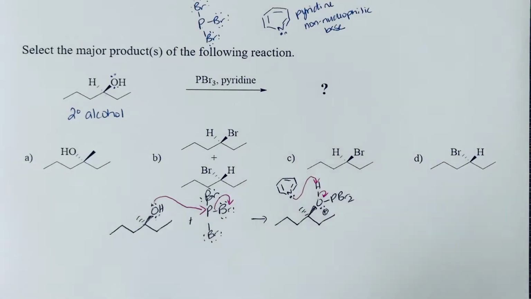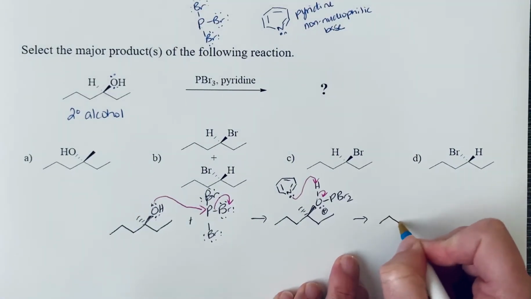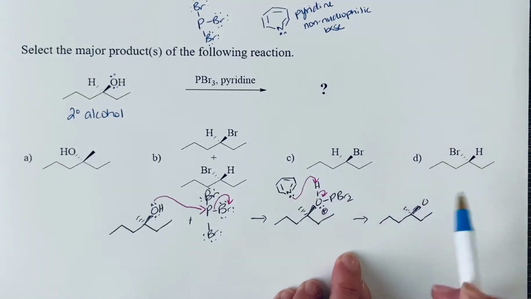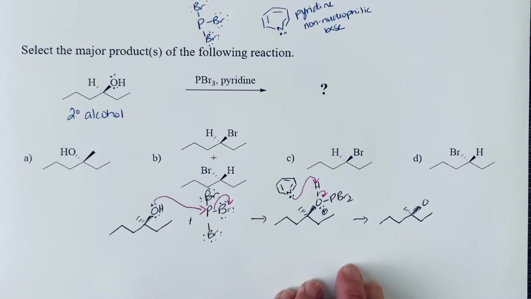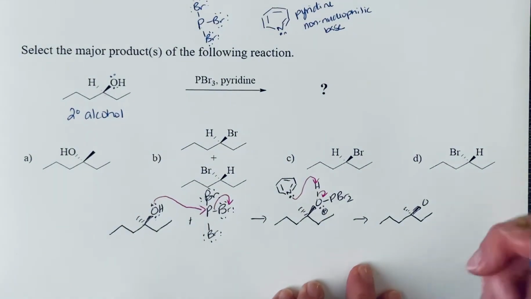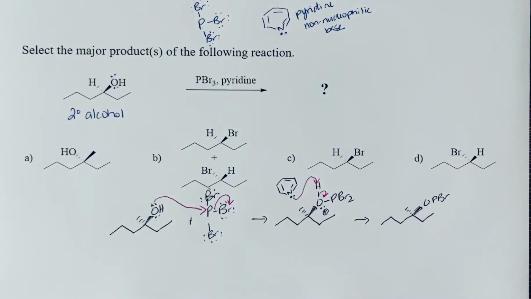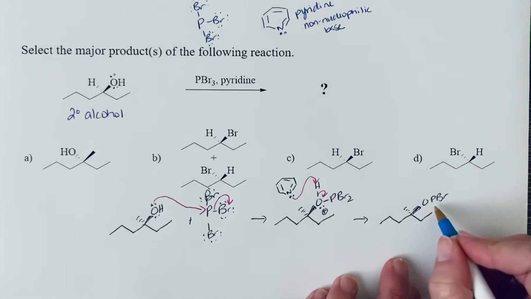Okay, and so now we have successfully converted a poor leaving group, the alcohol, because that would leave as too strong of a base, hydroxide ion. We have converted this into a bromophosphite group.